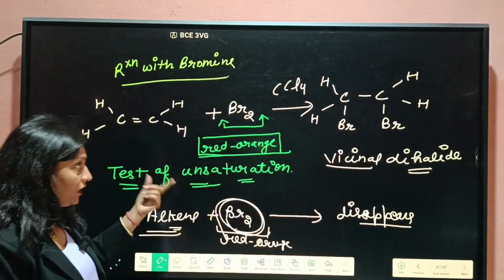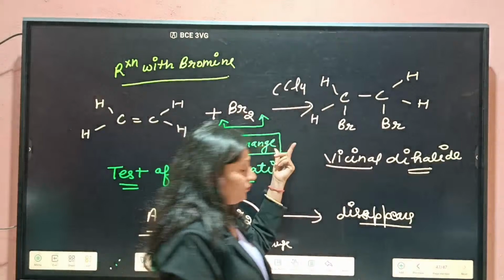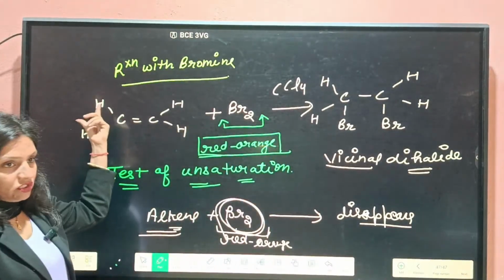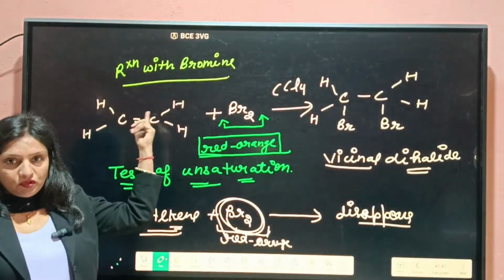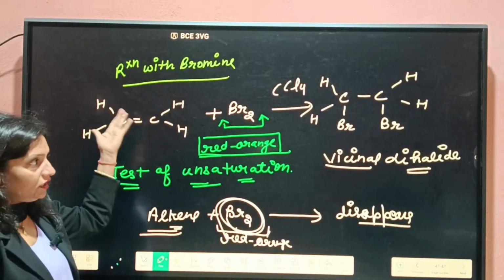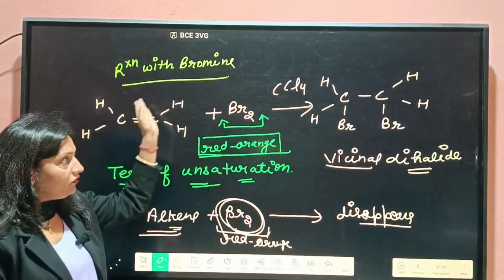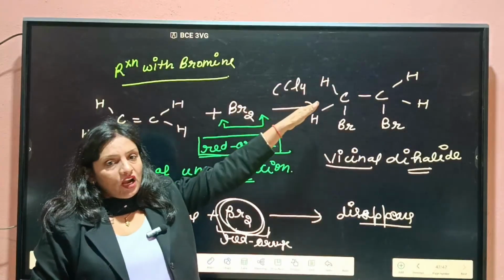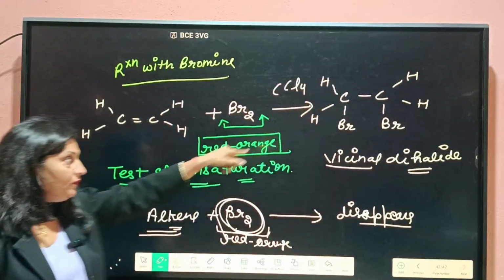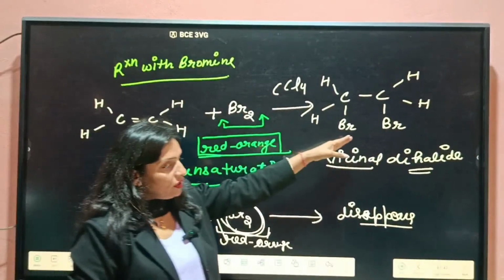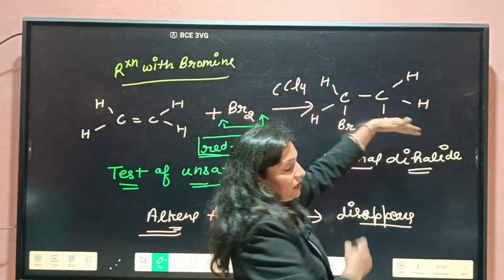If the bromine color gets decolorized, it shows the presence of an unsaturated compound. Otherwise, it is saturated. If alkene reacts with bromine in the presence of carbon tetrachloride, then we get a saturated compound, that is a vicinal dihalide.